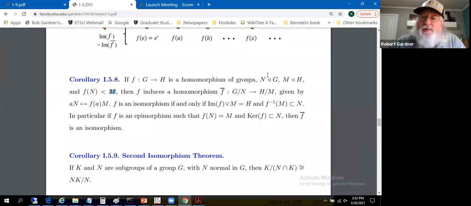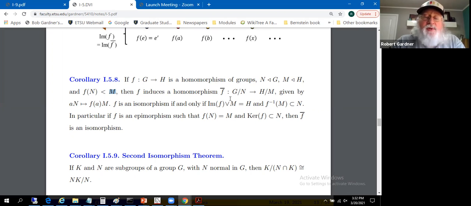Hungerford wrote it that way, I trust, to make it line up exactly with this corollary 1.5.8. And it says then that homomorphism, phi for us, induces a homomorphism, let's denote it psi, that maps the quotient group G mod N, F mod N for us, to the quotient group H mod M, H mod the trivial subgroup for us. So we're applying this.